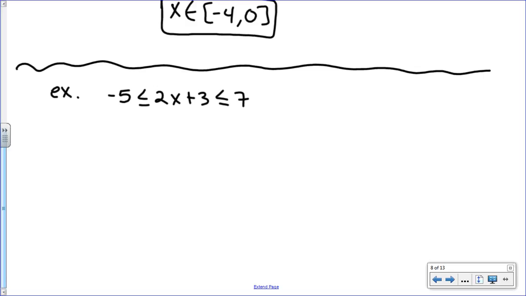So when I go to solve, I'm just going to try to get x by itself in the middle. I'm going to keep it in the middle. I want to subtract 3, but I can't just subtract 3 from the two sides. I have to subtract it from all three sides. You've done this before when you solved these back in Algebra 1, but let's just talk about it again. So I get negative 8 less than or equal to 2x less than or equal to 4.